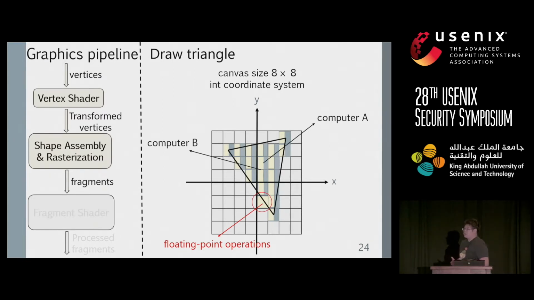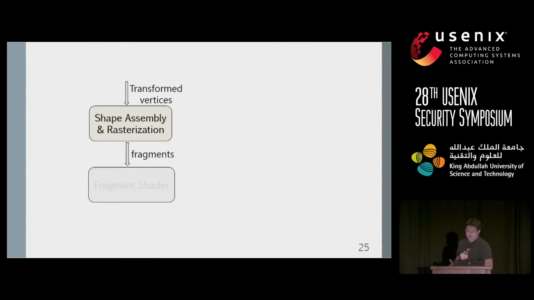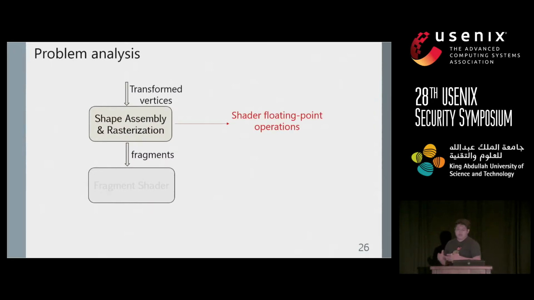Even if we can make sure the input of the shader is totally the same, the output of the shader is not the same. When we analyzed this problem in the rasterization part, we found that the system's floating point operations cause the difference.